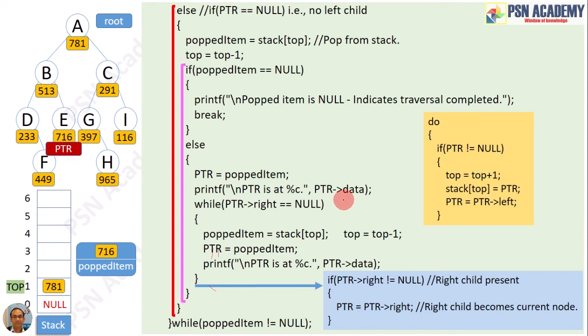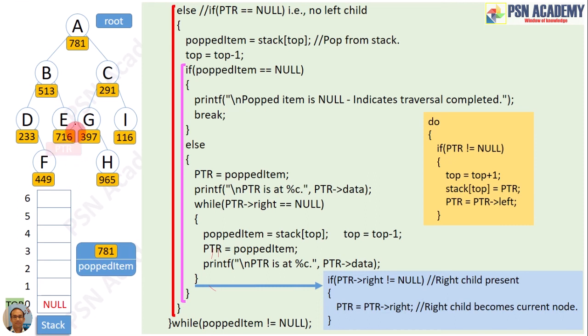You may print the data, and then standing over there, you check whether the ptr's right is null or not. We find ptr's right is null. So this while loop will be executed now. Pop item from stack and store inside popped item. So topmost element is 781. This will be stored inside popped item. Top goes down to 0 and then set ptr to popped item.